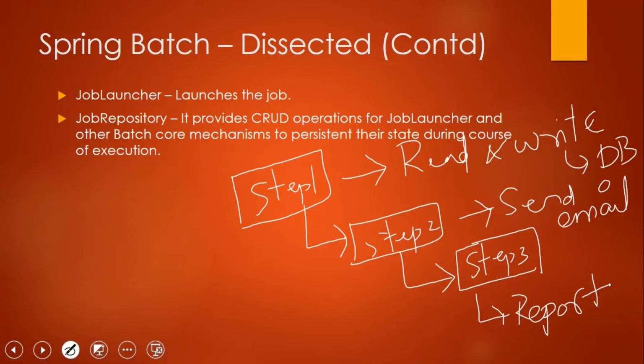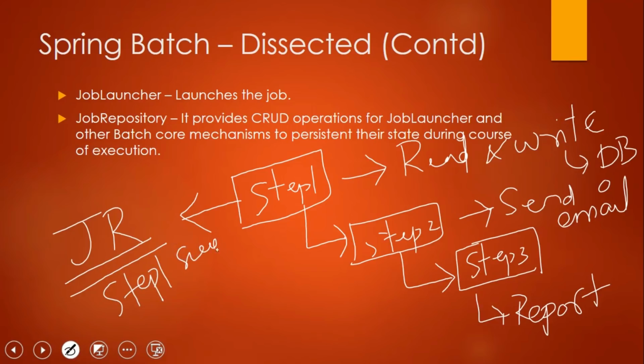But what exactly it will do when it comes to job repository is, when step 1 is running, it will go and update job repository saying that step 1 is currently being run. Once step 1 is completed, the job repository will be updated as step 1 is success. And when step 2 is running, it will say step 2 is running. Once step 2 completes running, it will update it to success.